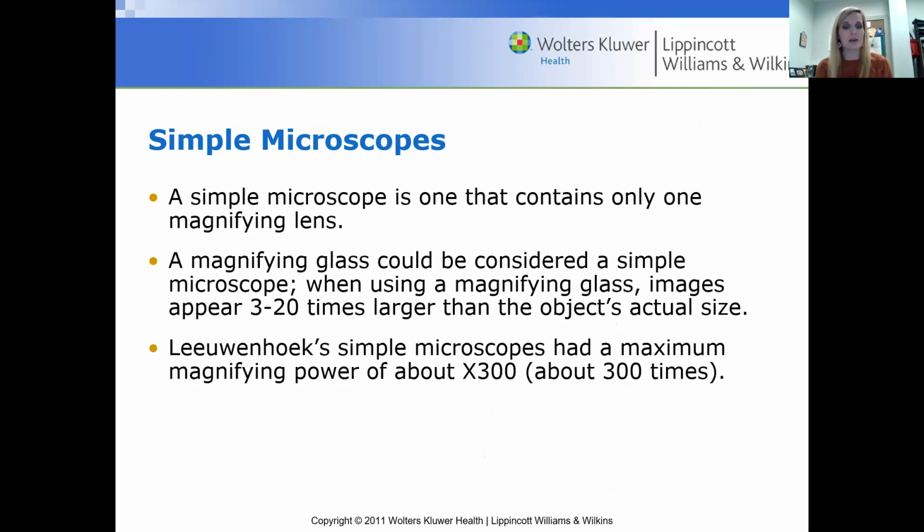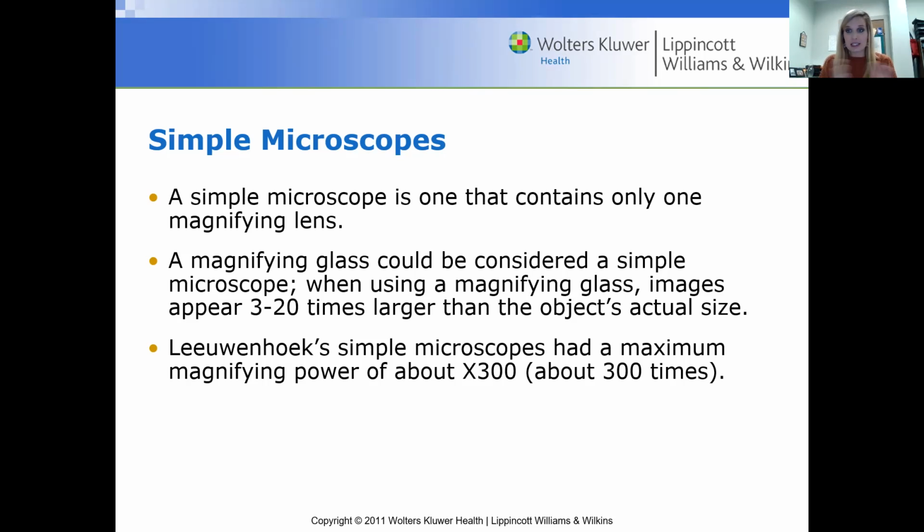When using a magnifying glass, images are going to appear about 3 to 20 times larger than the object's actual size. That's its magnification. At the very max, it's going to take that image up to 20 times larger than its actual size. When we start comparing microscopes, you're going to see that those go even further.